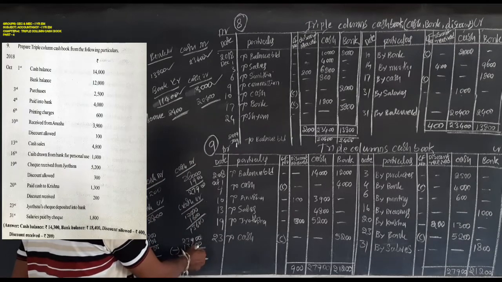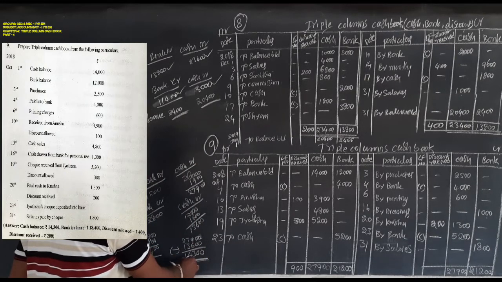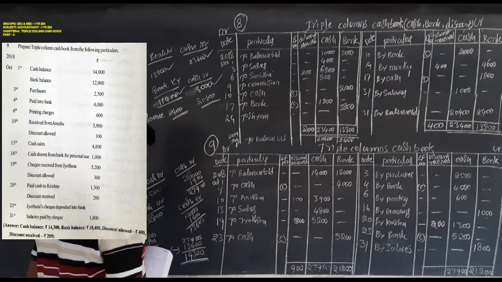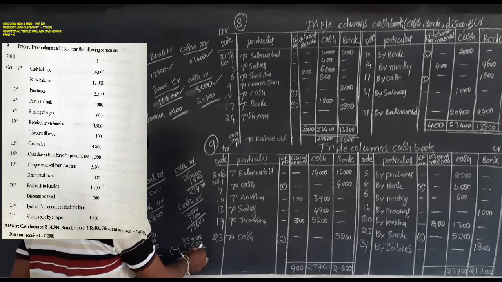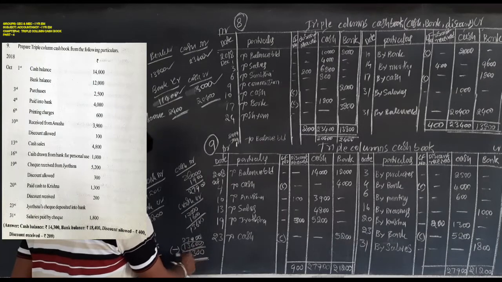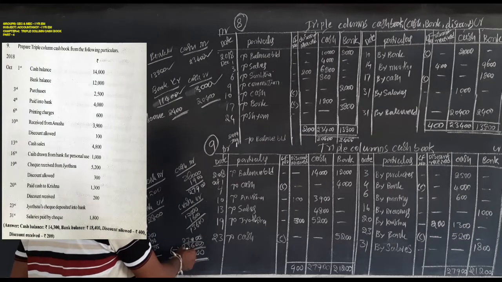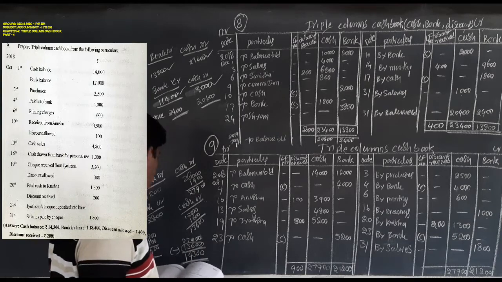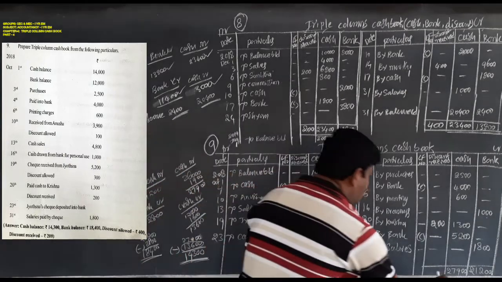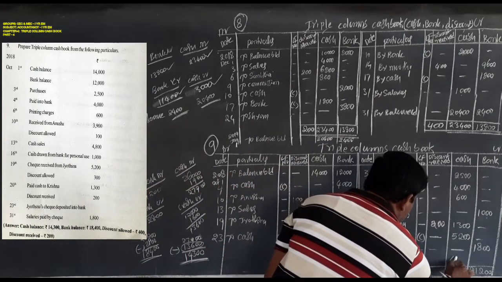So the difference between cash 27,900 and 13,600, the balance is 14,300 rupees. In this problem there is a shortage on the credit side. So the difference between debit and credit is also recorded on the credit side of the cash column. So cash column, 14,300 rupees.